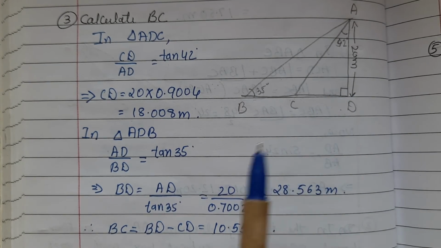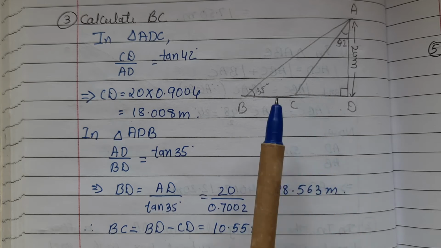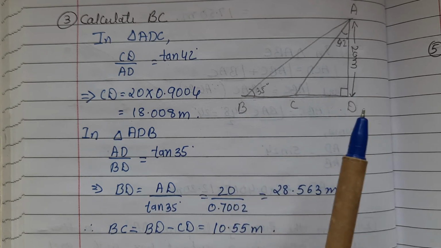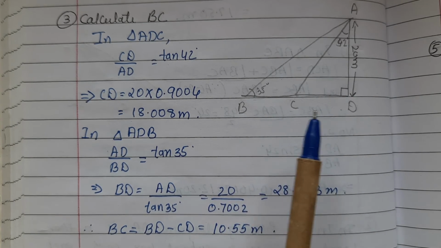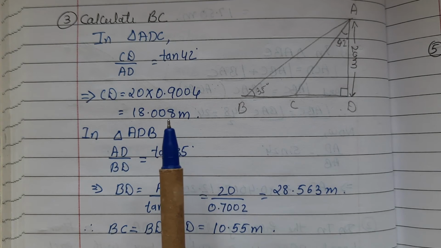Therefore, BD is AD upon tan 35 degrees. Tan 35 is 0.7002, AD is 20. 20 upon 0.7002 is equal to 28.563 meters. Therefore, BC is equal to BD minus CD, which is 28.563 minus 18.008, equal to 10.55 meters.